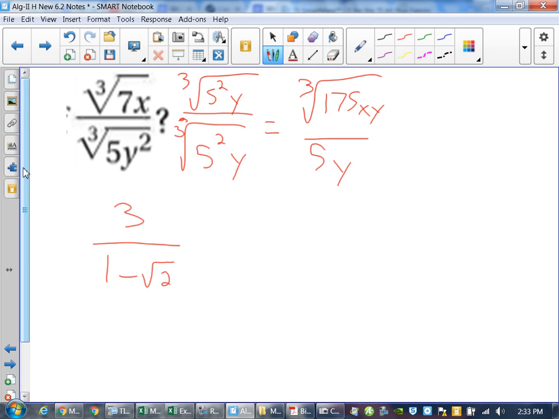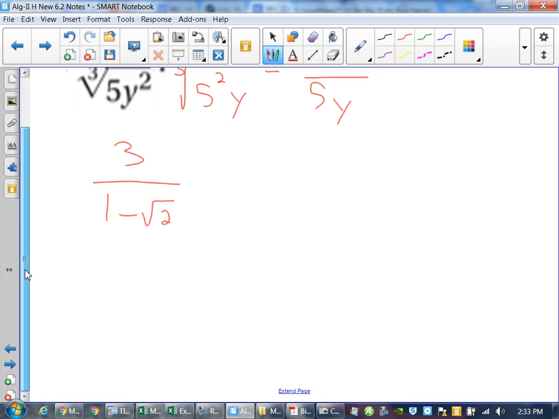If it was 1 minus i, you'd have to multiply it by 1 plus i. You'd multiply by what's called the conjugate. It's the exact same thing here. Instead of an imaginary number, you're multiplying by a root. What's the conjugate of 1 minus root 2? 1 plus root 2.